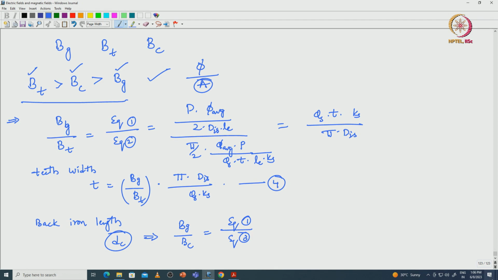So finally, after solving this expression we will see dc, the back iron length, is equal to Bg by Bc constant into inner diameter of the stator divided by number of poles into steel stacking factor. This is equation number 5.